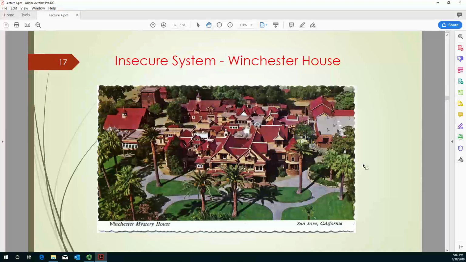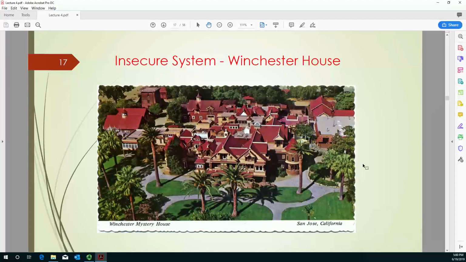And because so many people were killed because of this Winchester rifle, the lady who owned the Winchester Rifle Company and the house was told that if she keeps adding more and more units to her home, then maybe she may be relieved from a curse or something like that.